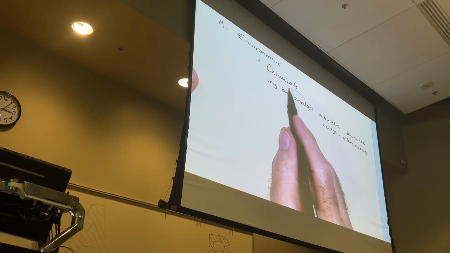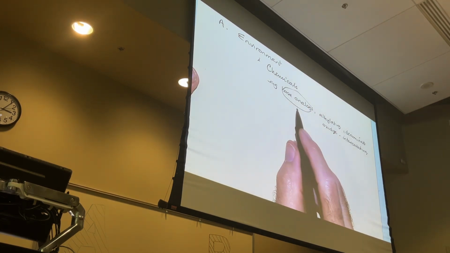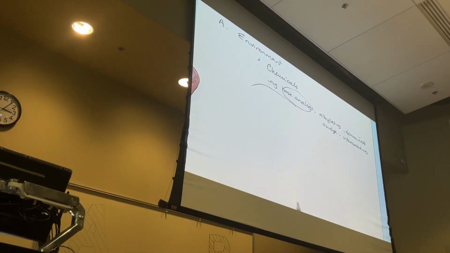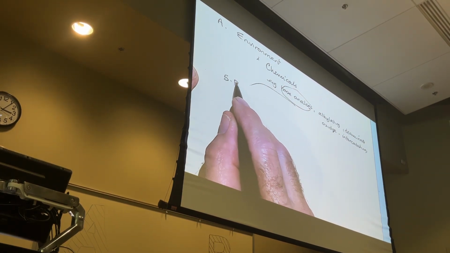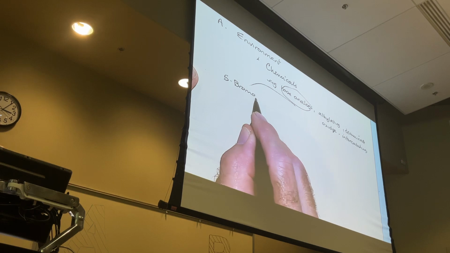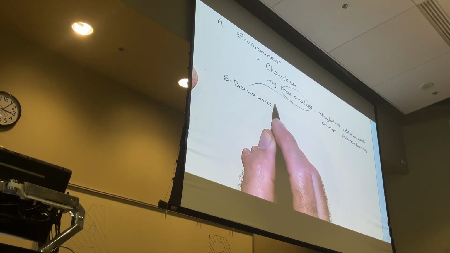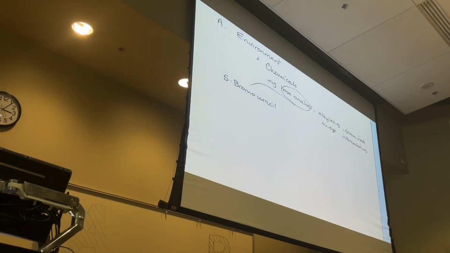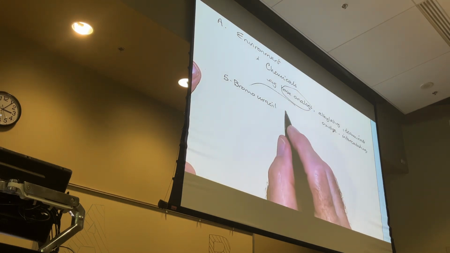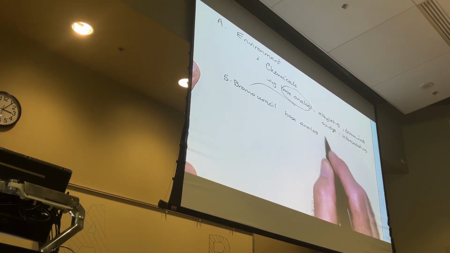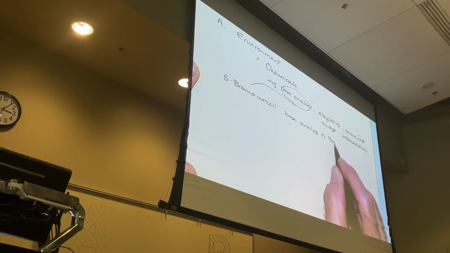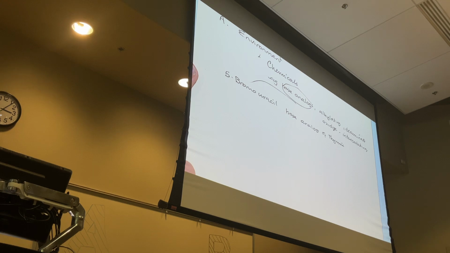So, let me take one example. One of these base analogs is a chemical called 5-bromouracil. And it's a base analog of thymine. With me so far?